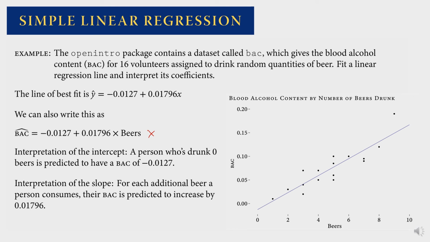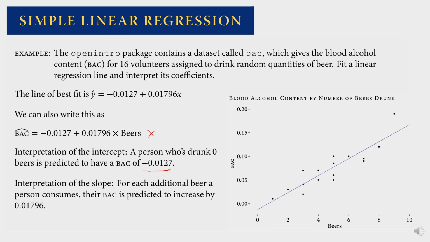If a person drinks 0 beers, their predicted blood alcohol content is negative 0.0127. It doesn't make any sense to have negative BAC, but that's typical. Sometimes these intercepts have a meaning, other times not. It's just giving us the best fit to the data.